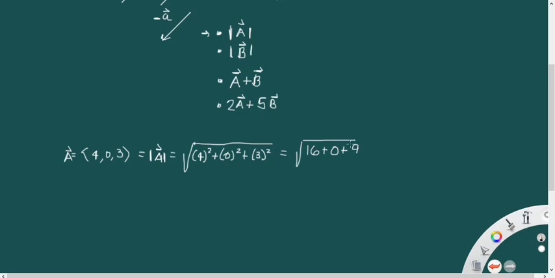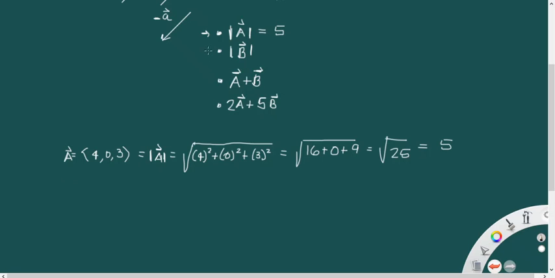We're still having here this square root, and this equals the square root of 25. Solving this, this equals 5. So the length of vector A equals 5.